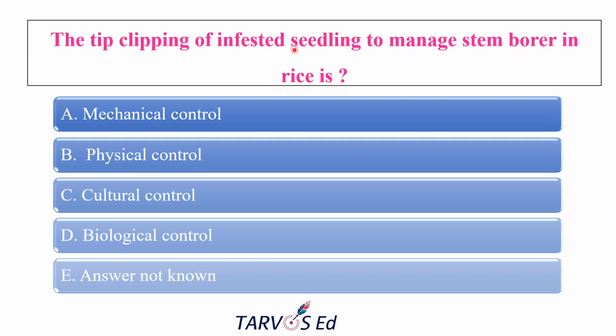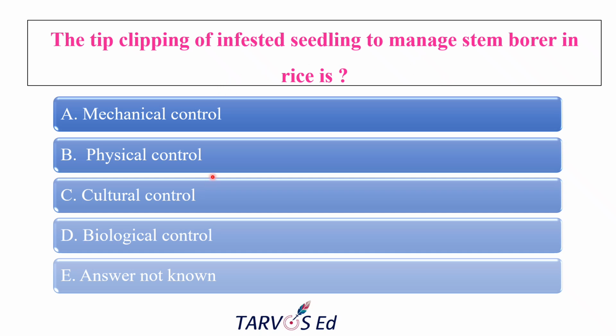So before they go for transplantation, they clip it off, so that they can destroy the life cycle of the yellow stem borer. The main reason is that the stem borer moth lays eggs on the leaf tip. So the eggs and early larvae are removed with the clipped portion. This directly reduces the pest population going into the main field.